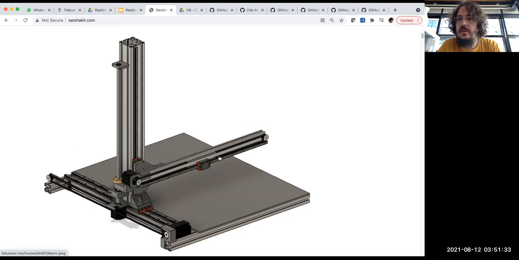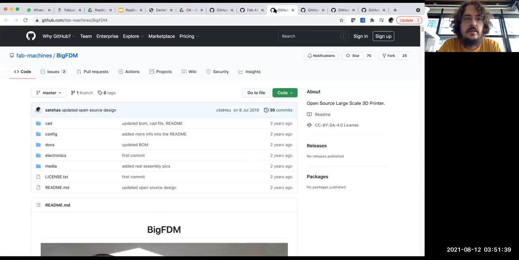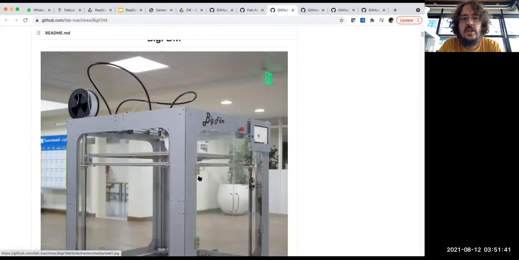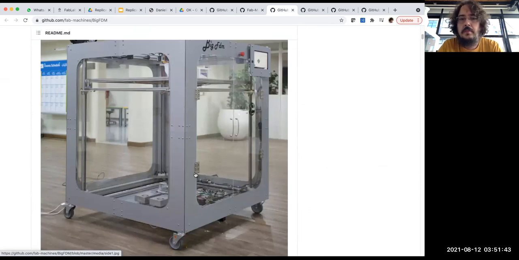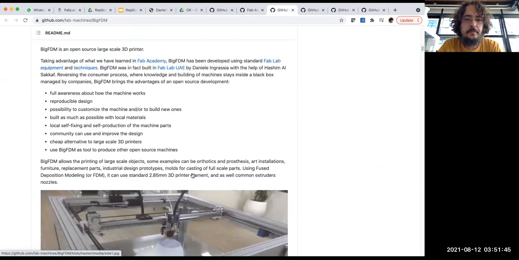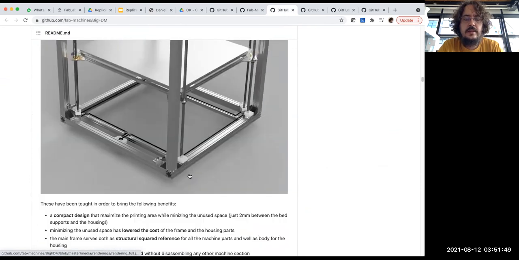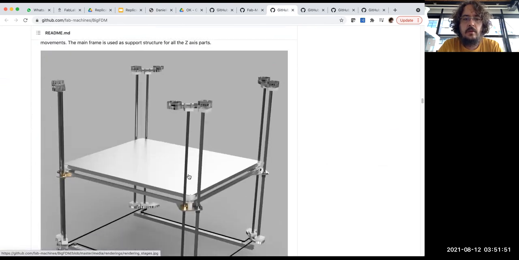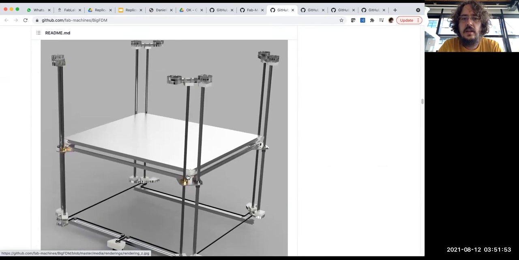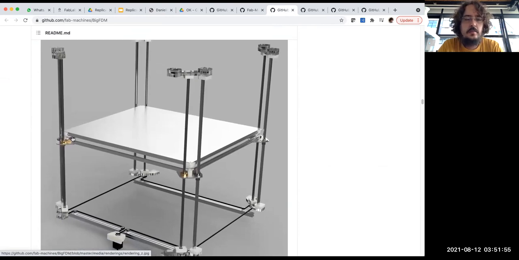The reason I was doing that comes from the previous development of Big FDM, which was presented in the previous workshop. It's this gigantic printer that I made in the past. One of the issues I realized in this printer is the complexity of the Z-axis. This is the design of the Z-axis, which moves the bed up and down, as you can see here.